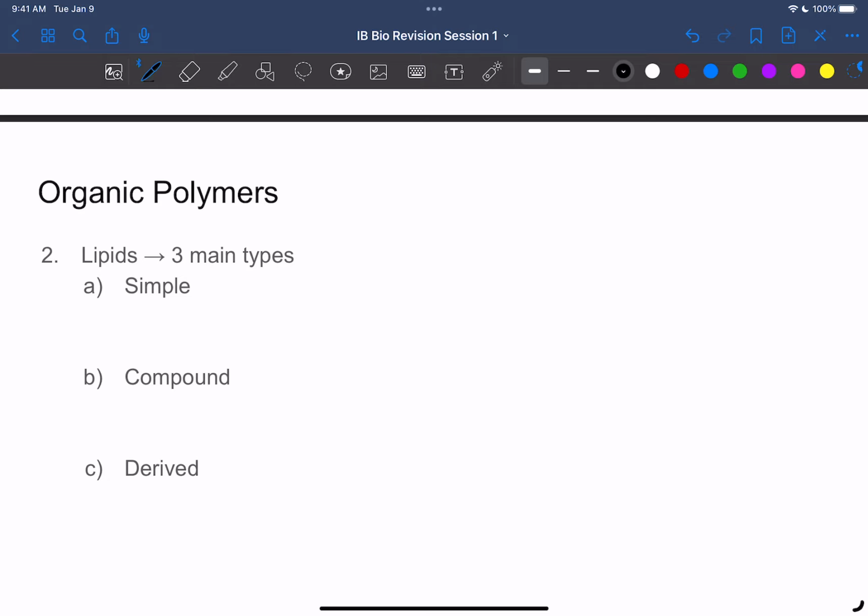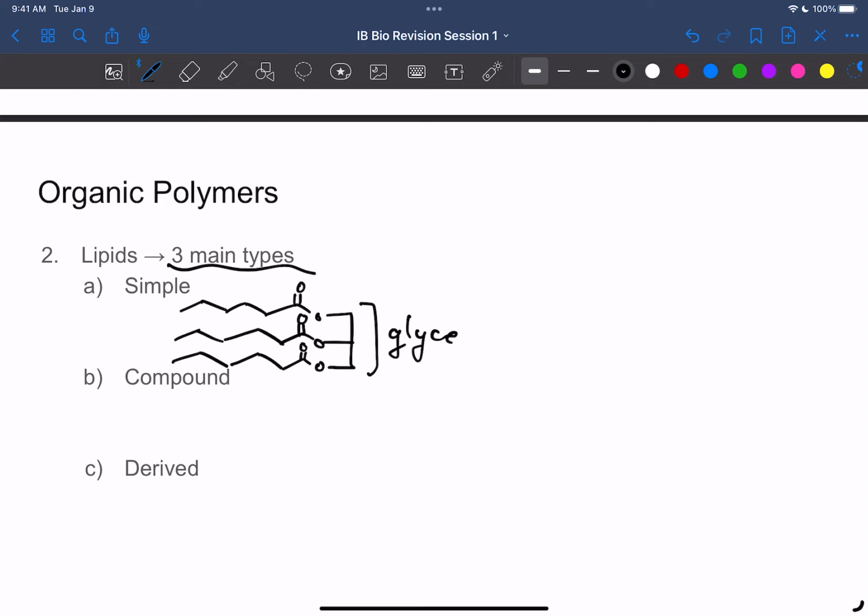Okay, next is lipids. So there's 3 main types. So simple would be something like a triglyceride. So this is when 3 fatty acids combine together and attach to a glycerol to make a triglyceride.